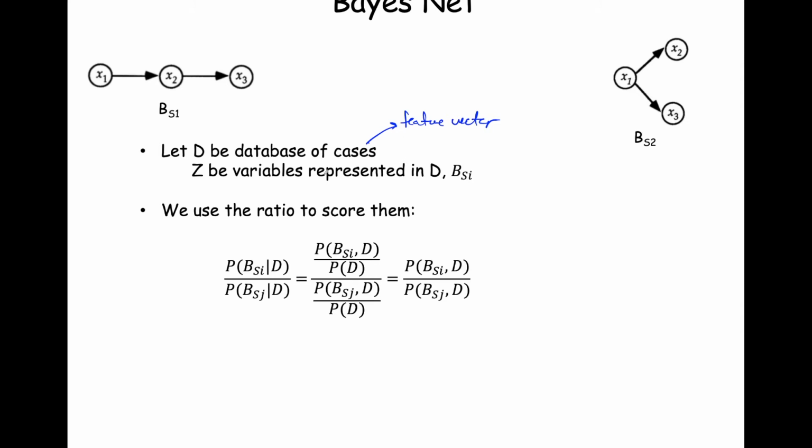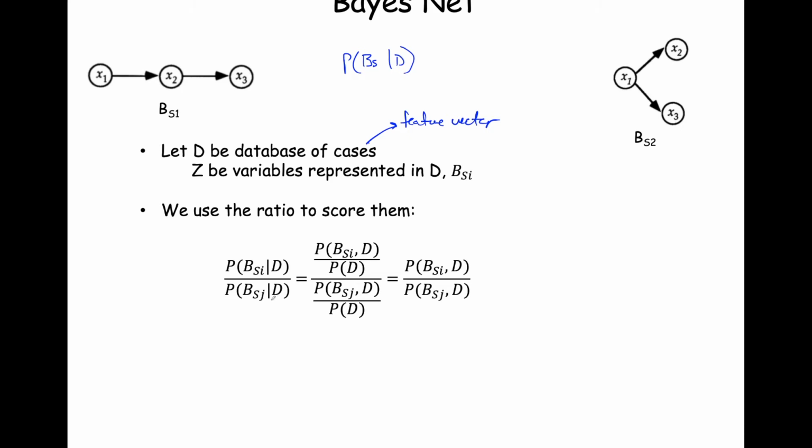Now we're going to use a likelihood ratio to score them. The score for a given Bayesian network structure is the probability of the Bayesian network structure given the data set. So for every two Bayesian network structures, we specify the probability of Bayesian network structure I given the data over the probability of Bayesian network structure J given the data.